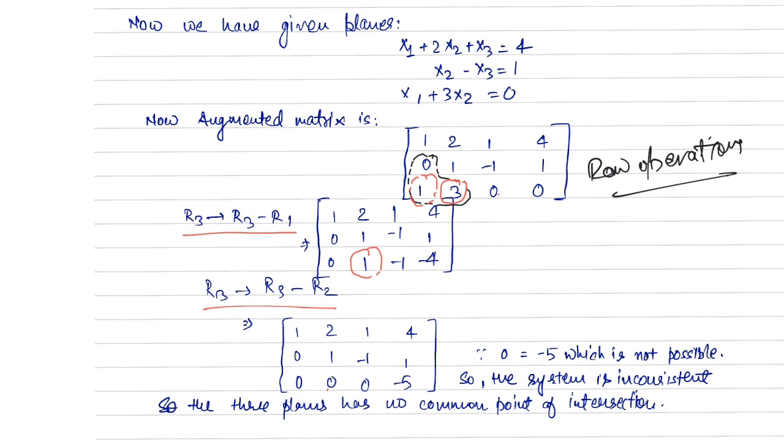So here we get 0 is equal to minus 5. That is not possible, so the system is inconsistent. Since 0 is equal to minus 5, this system is inconsistent, so there is no solution. It means there is no solution of this system of linear equations, so there is no common point of intersection of these three planes.